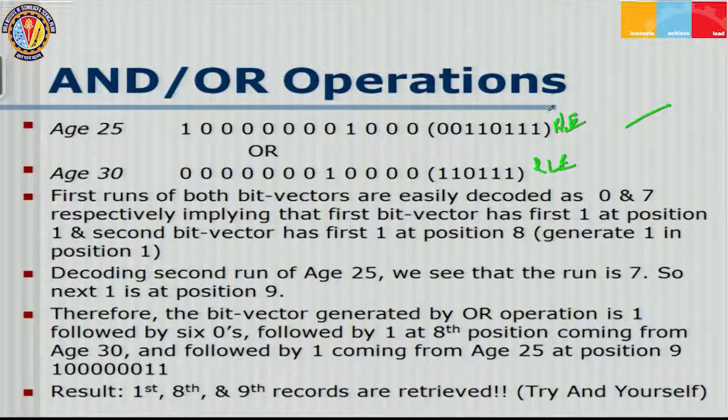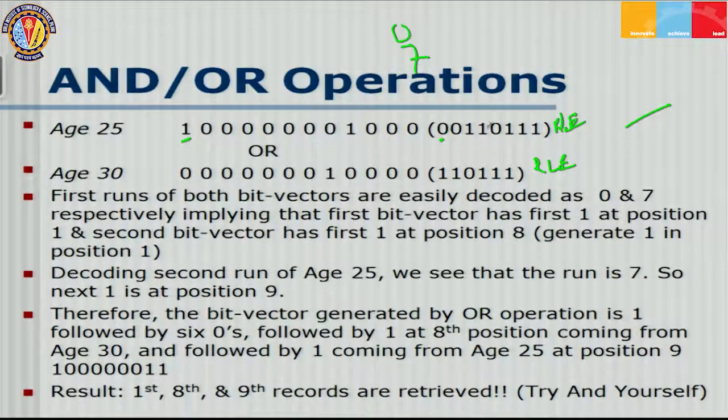So I'm giving you the algorithm to do that. The first runs of both bit vectors are easily decoded as 0 and 7, because the first starts with a 1, so its length is 0, and in the second case 1 2 3 4 5 6 7, the length is 7. You can see that from the encoded vector also.